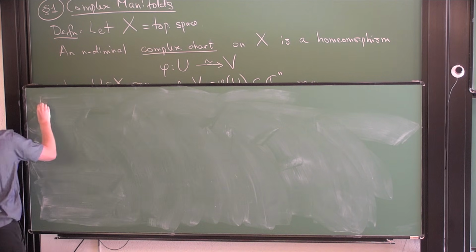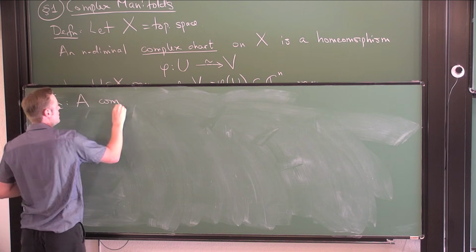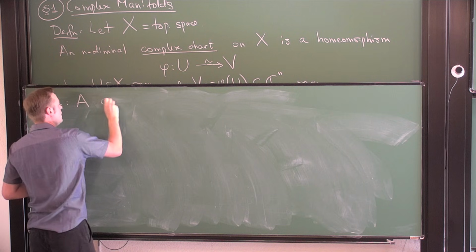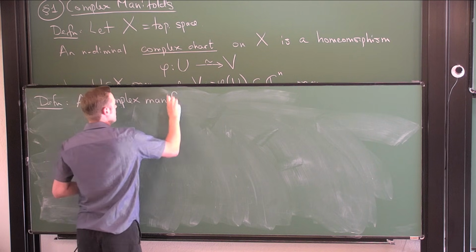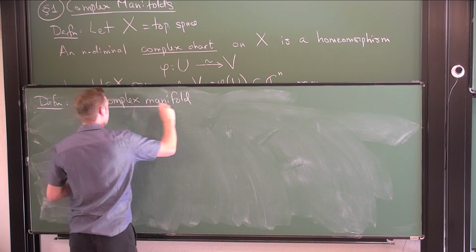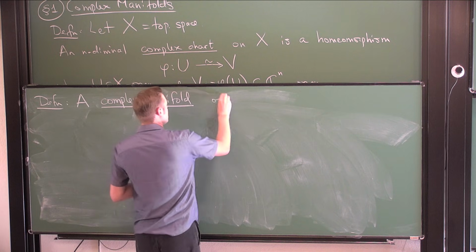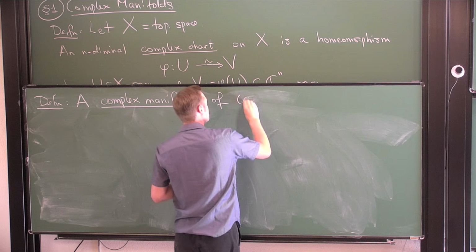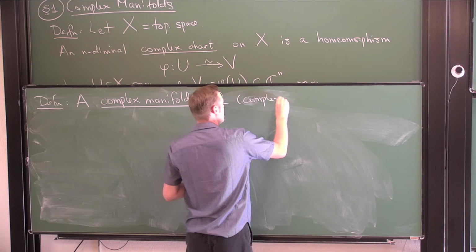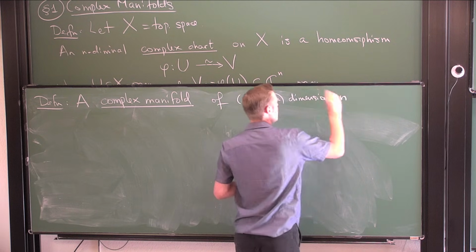All right. Okay. So definition. A complex manifold of complex dimension n.